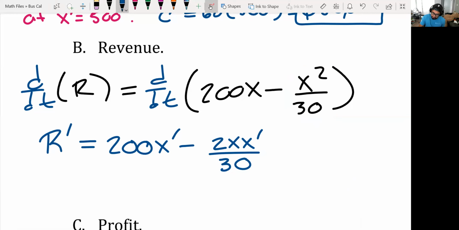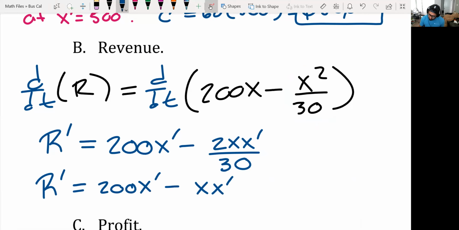So I can rewrite this as r prime equals 200x prime minus x prime over 15, because the 2 and the 30 reduce to 1 over 15. Okay, there's our derivative.